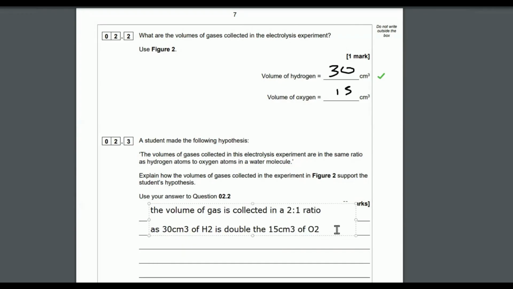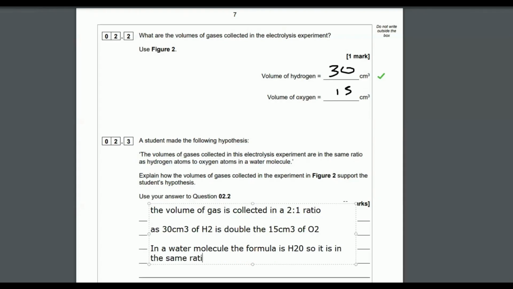And in a water molecule, the formula is H2O. So it is in the same ratio as the atoms or elements within a water molecule.